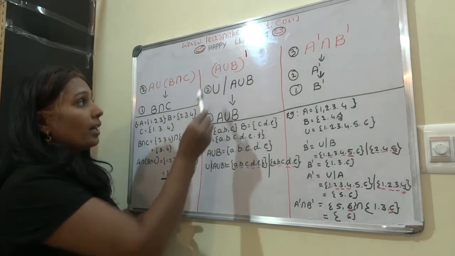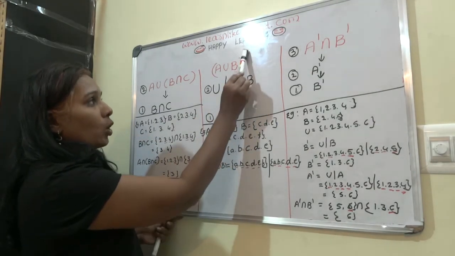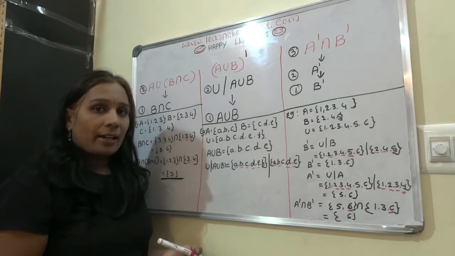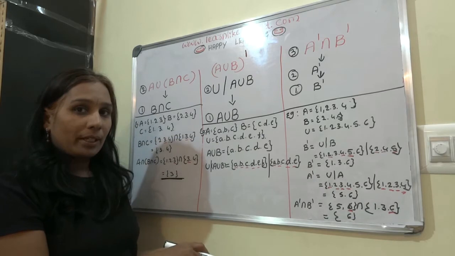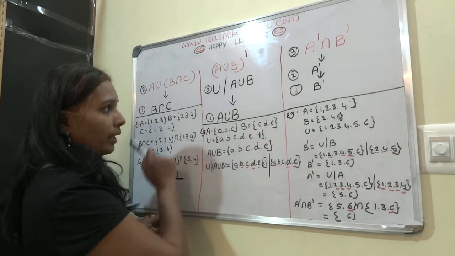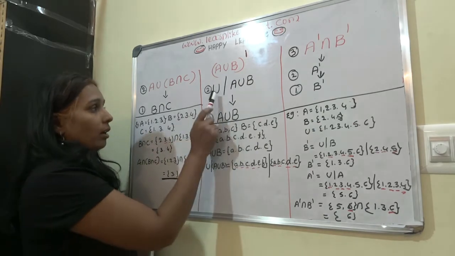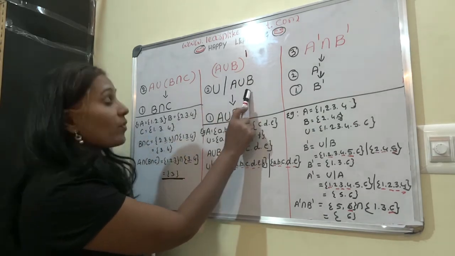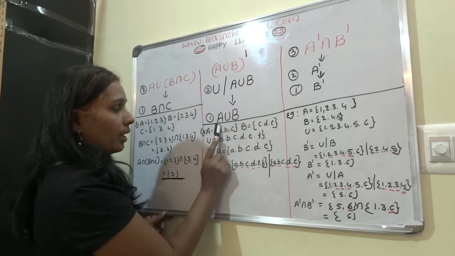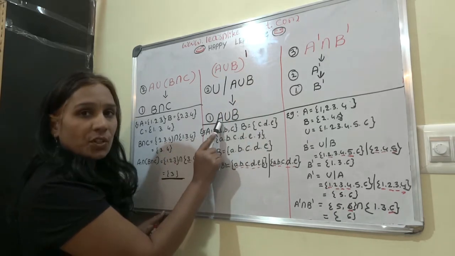Similarly, A union B complement. So first you have to understand how to perform the complement, that is U difference A union B. Okay, this will be our final step, but before that let me perform A union B. That will be our first step.